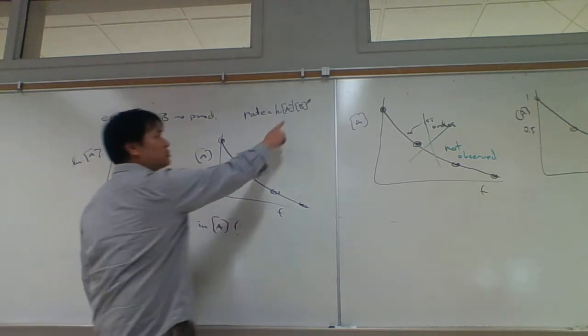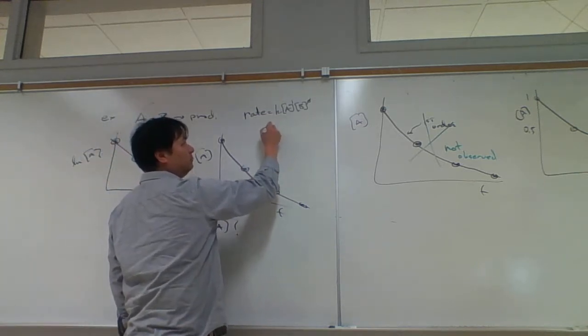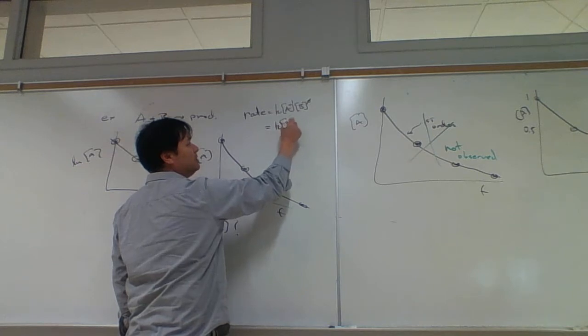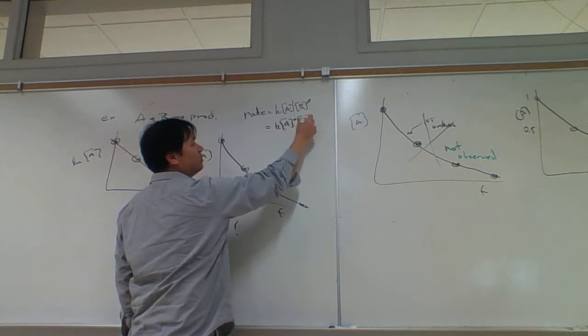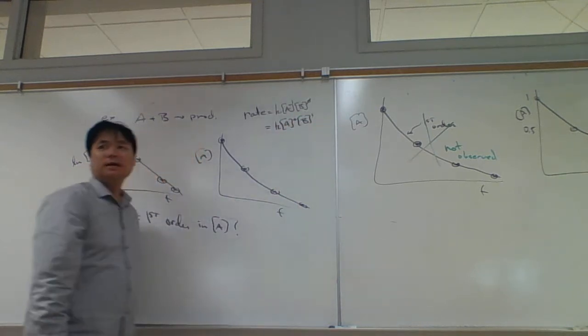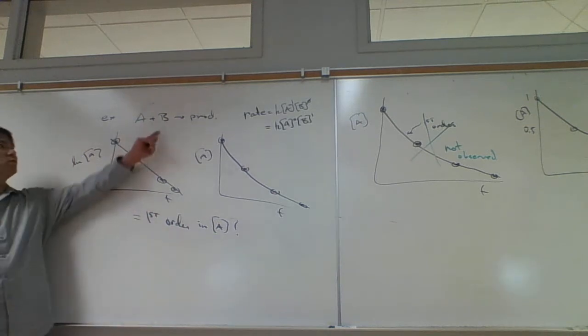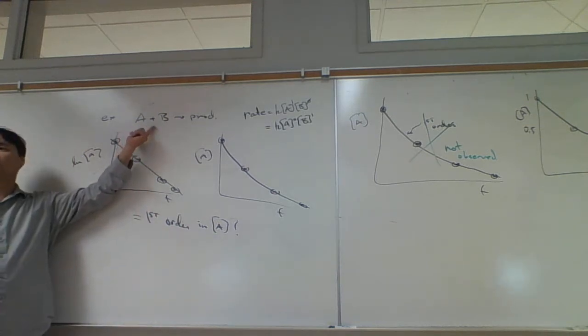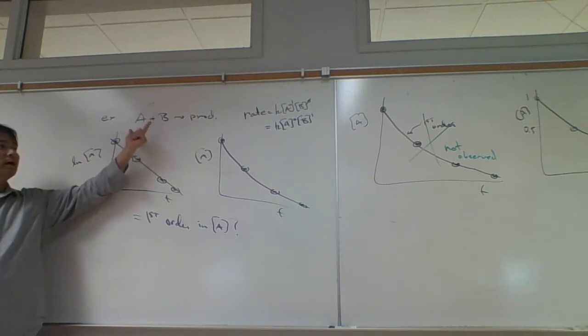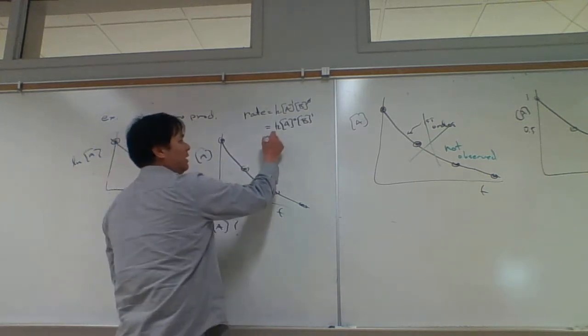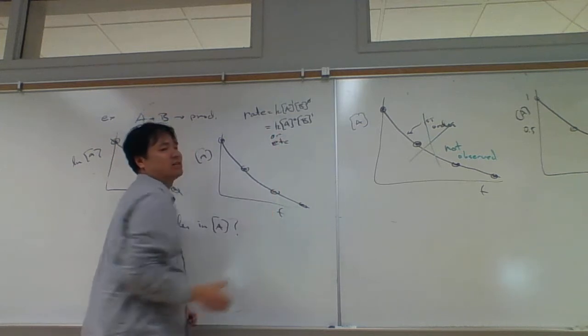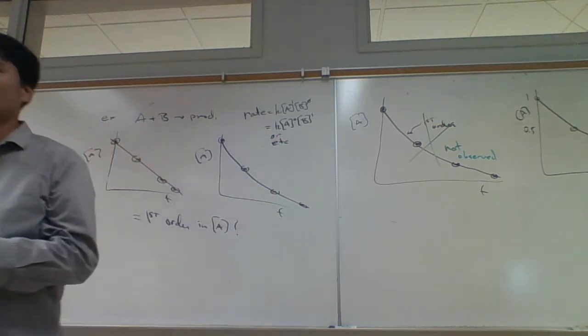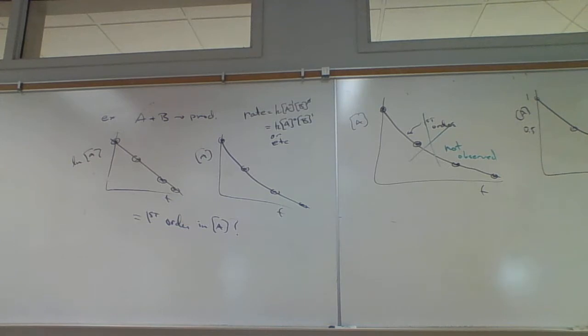And so it could be first order in A and 0 order in B, or it could be 0 order in A and first order in B. Because as B reacts, it's a one-to-one stoichiometry. It's got to hold. So for every mole of B that reacts, I have to have a mole of A. We could actually have negative orders too, -1 order. So it could be second order in A and -1 order in B, depending on all this stuff.